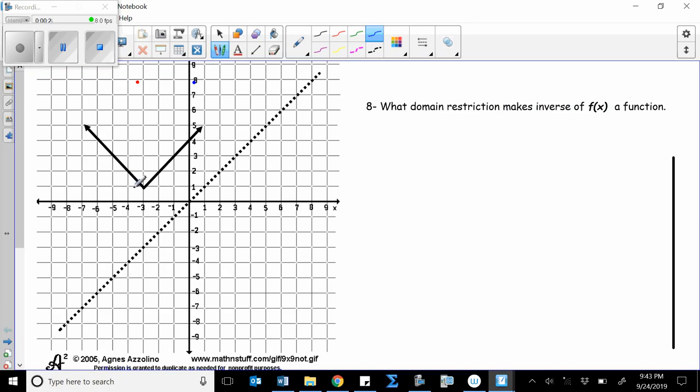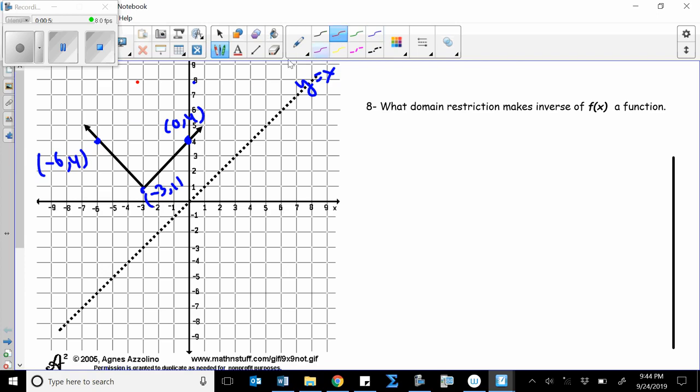This is my graph and I want to find the inverse of that. Basically, I need to find a reflection over this line, which is y equal to x. In order to find a reflection, you need to find some points like 0 and 4 here, -3 and 1 here, and -6 and 4.